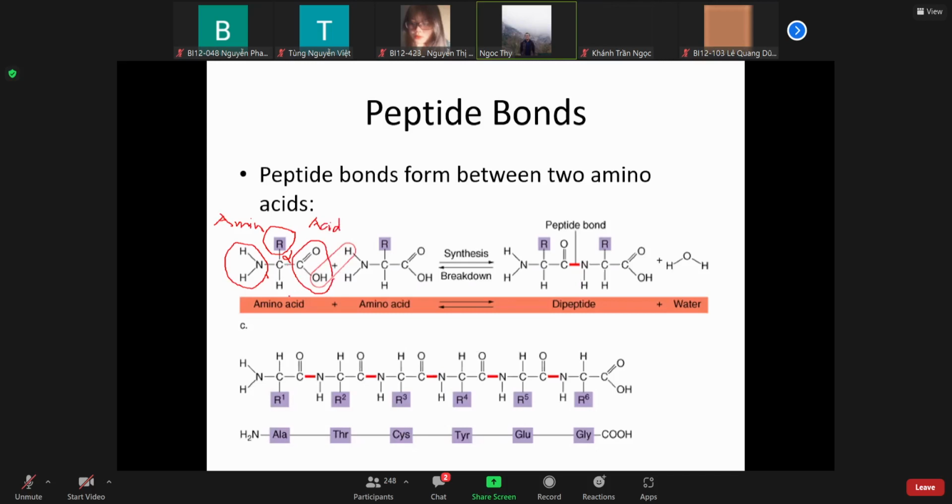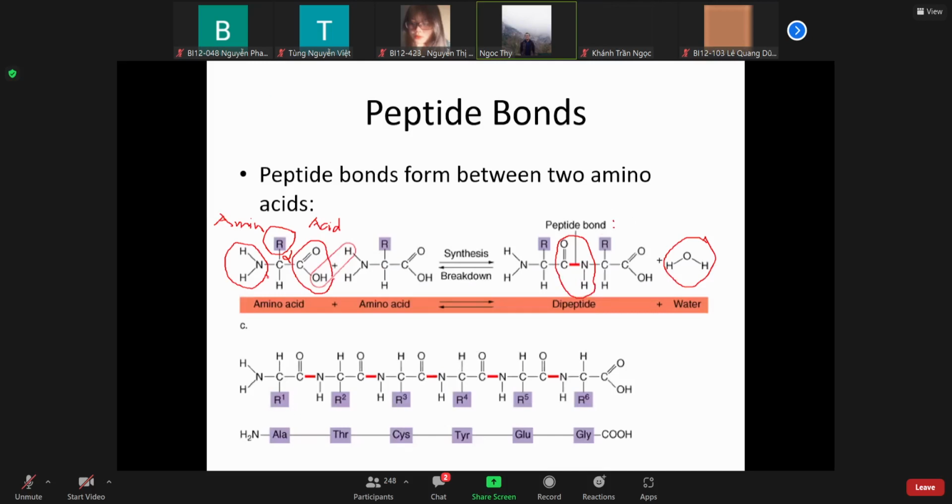So the peptide bond will form between the amine group of the second amino acid and the carboxyl group of the first amino acid, forming one water and one peptide bond. And as I said, this is a covalent link, so it's really stable.